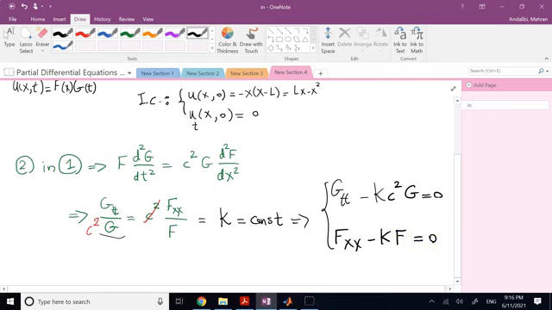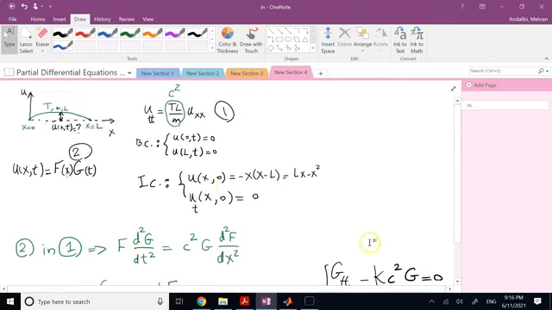Okay, so you get two separate ordinary differential equations. Now pay attention, each one of these is an ordinary differential equation. So we converted our PDE into two ODEs, and that's the power of this separation of variables if it works.